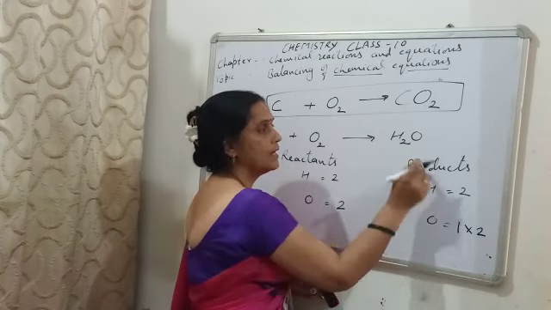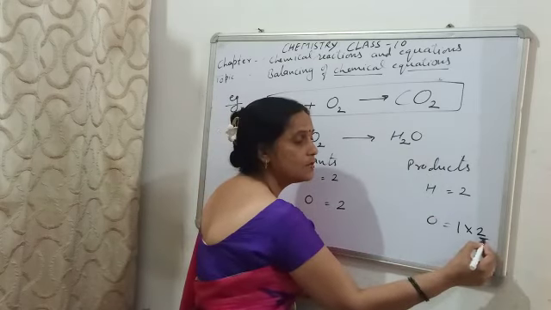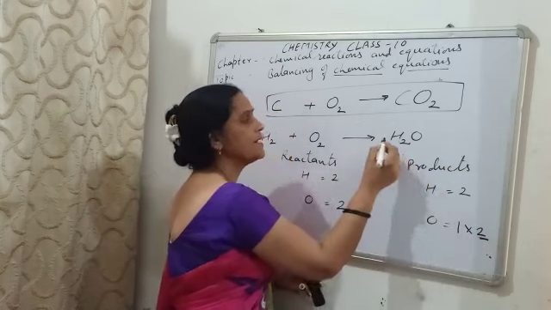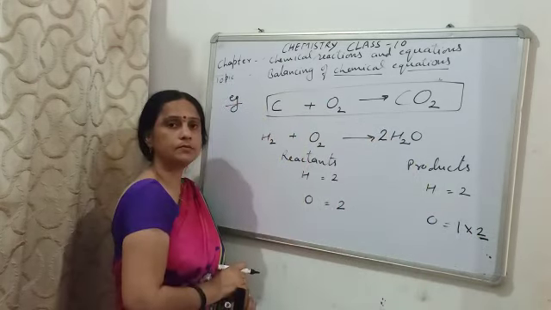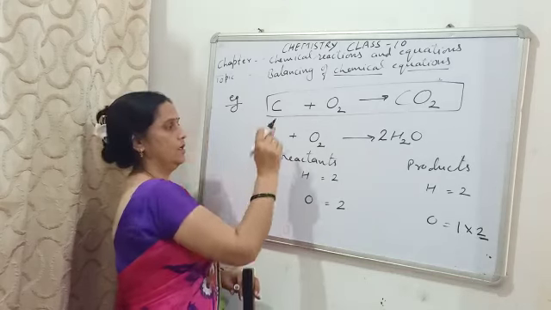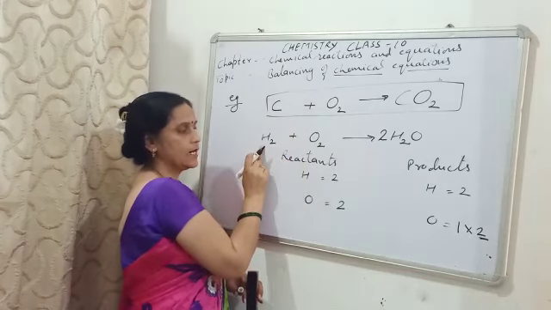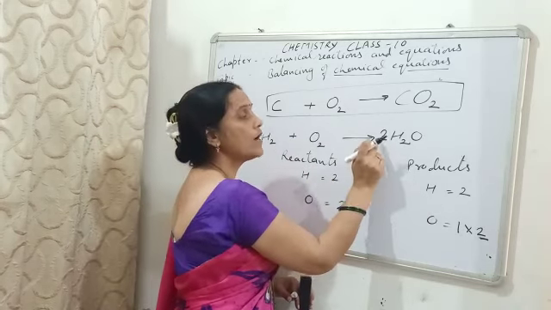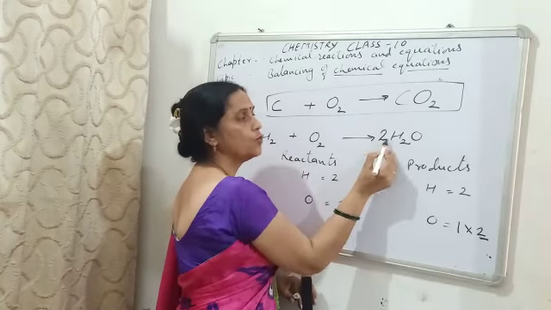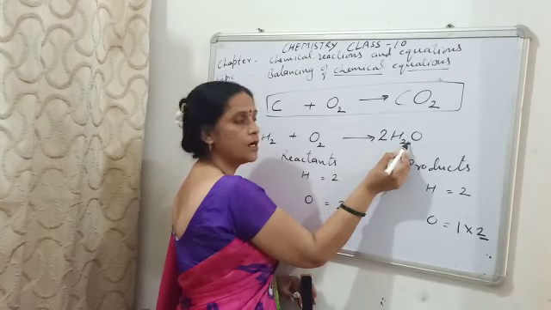Now it becomes 2 and this number should be placed in front of the molecule. Now on the reactant side hydrogen has 2 and on the product side hydrogen becomes 4, 2 into 2.